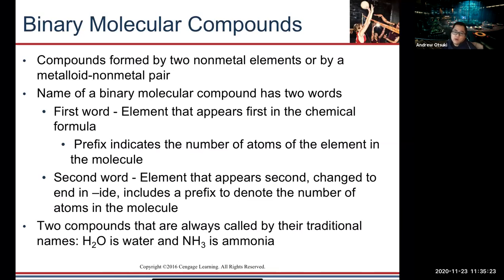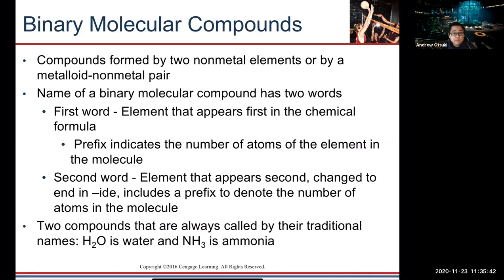If there's only one atom of the first element in the chemical formula, we do not include a prefix. So we're going to talk about some examples of this.